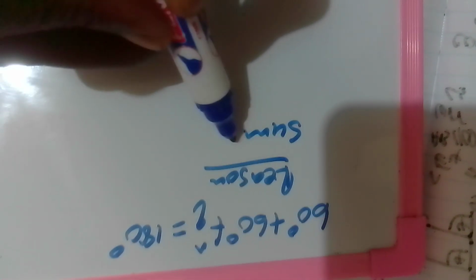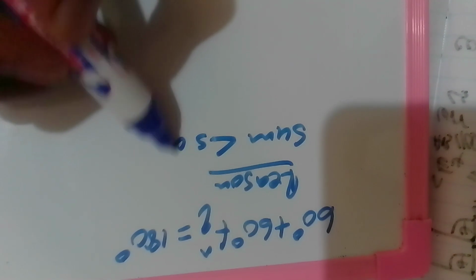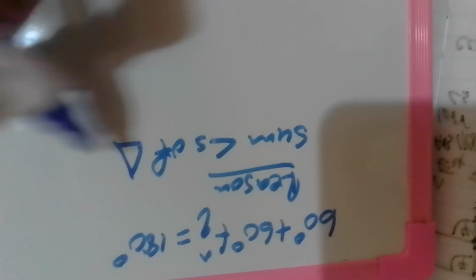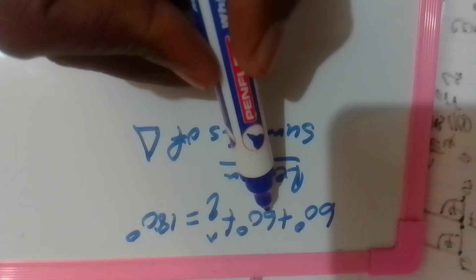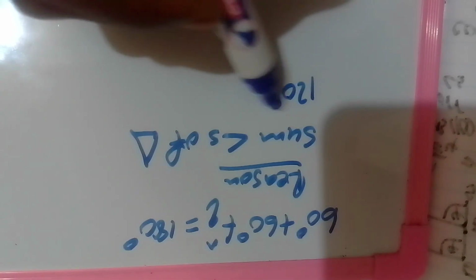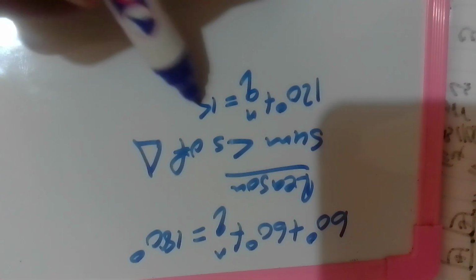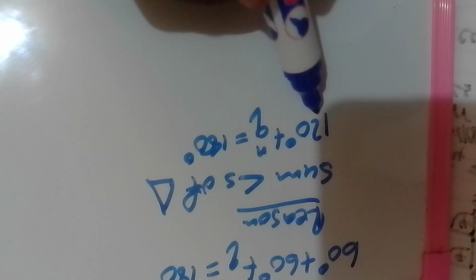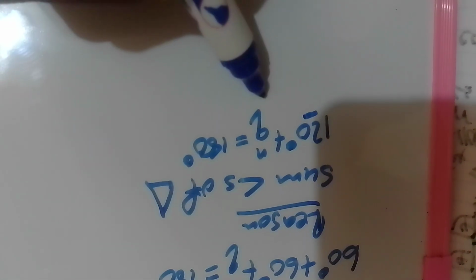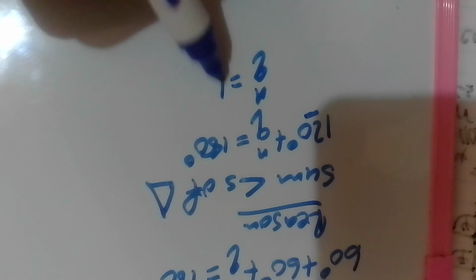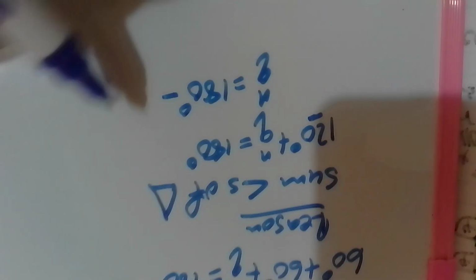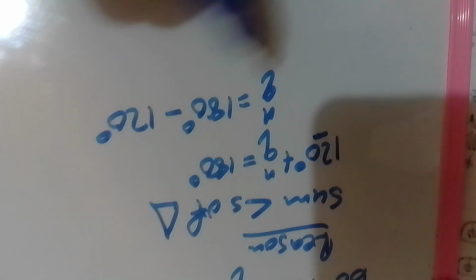Our reason, we call it sum of angles of a triangle, right? Now 60 plus 60 is 120, so we've got 120 degrees plus angle Q, which is equal to 180 degrees. We transpose the 120. Now we say angle Q is equal to 180 degrees minus 120 degrees.